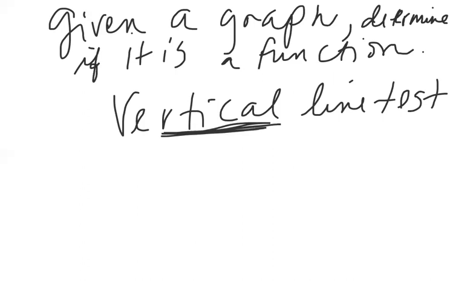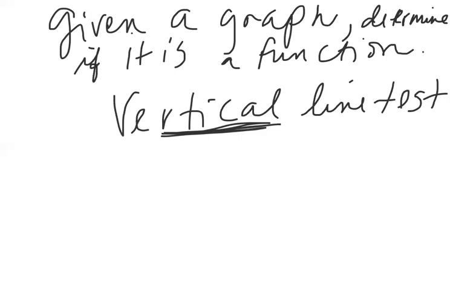I can't write all of this down because I'm going to run out of room. But when you perform the vertical line test, guys, you draw a vertical line. I'm going to demonstrate this in a minute. You draw a vertical line anywhere on that graph, and as long as that vertical line touches the graph once, it's a function.